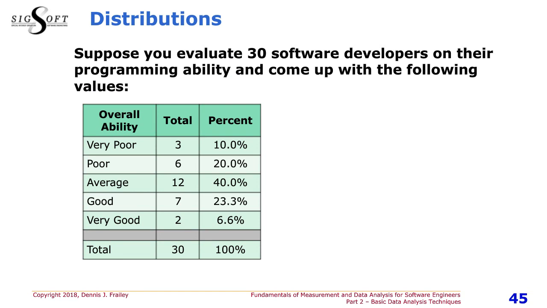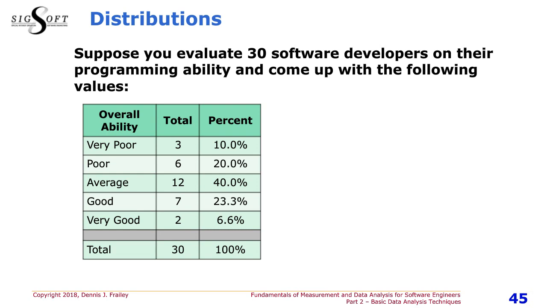So to explain that concept, suppose you had 30 software developers in your programming team, and you had evaluated them in terms of ability, and you divided them into 5 categories, ranging from very poor to very good, and you knew what percentage of your programmers were in each category.